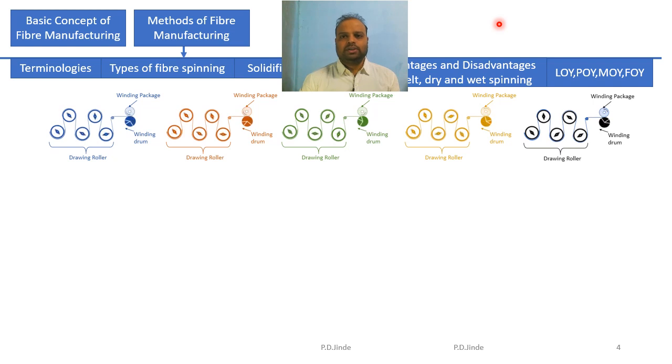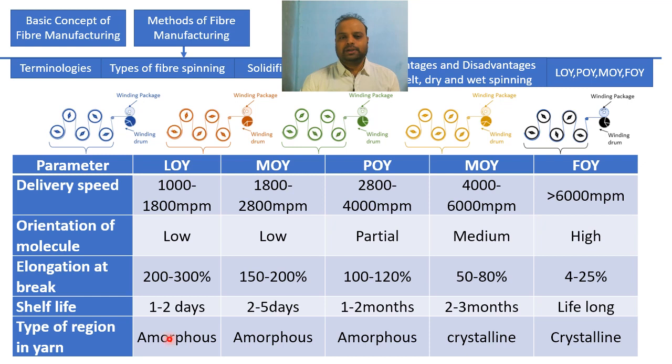Let's differentiate these different types of yarn. The distinguishing factors are as shown in this figure. You can see these are the parameters and these are the types of yarns. So let's compare each type of yarn in detail.